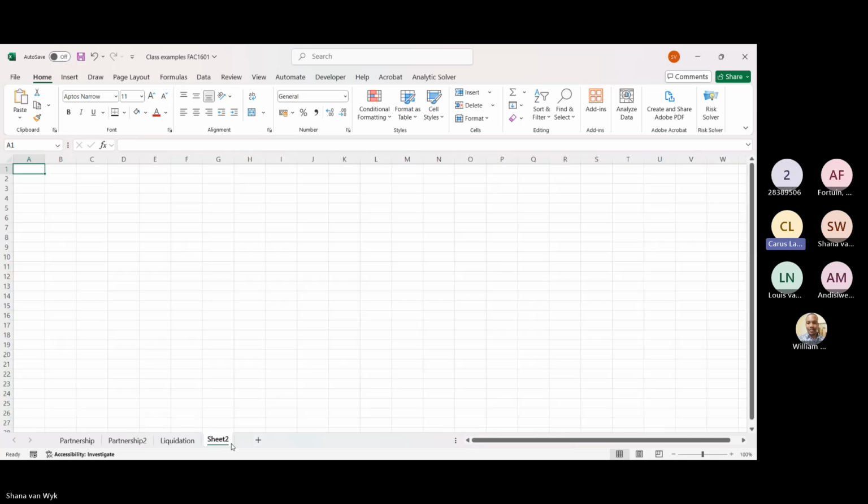Can I maybe put my solution up on chat when I'm done with this question? Your solution, you can post it and Shana can copy it, because Shana's just going to add it and send the spreadsheet out. Is your solution different to mine?